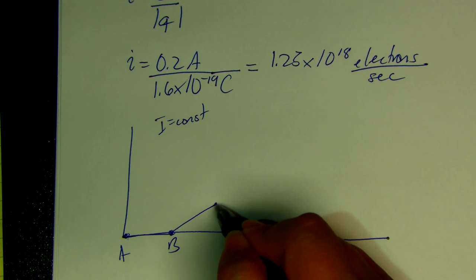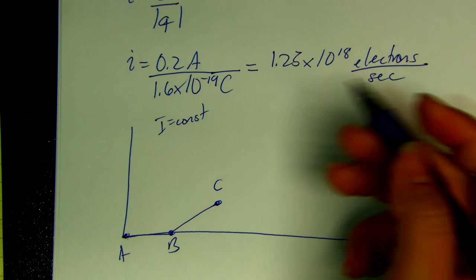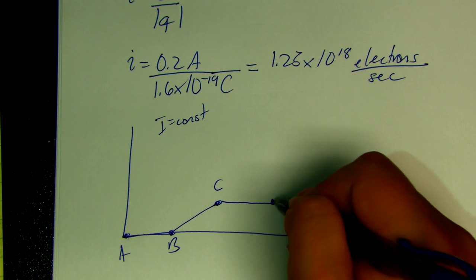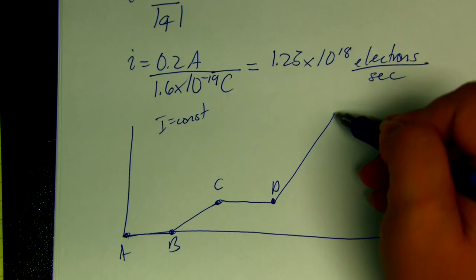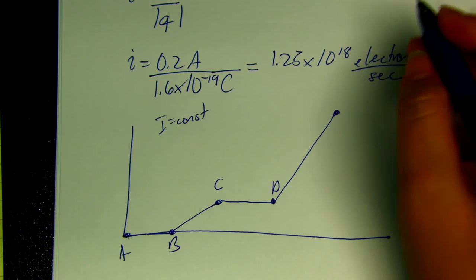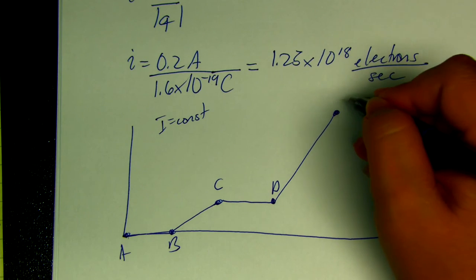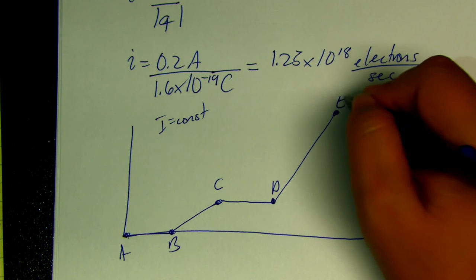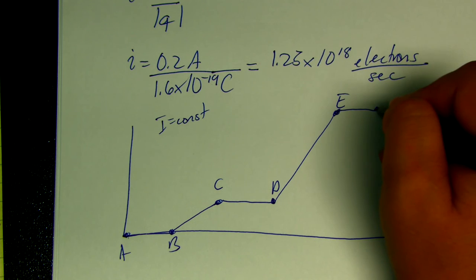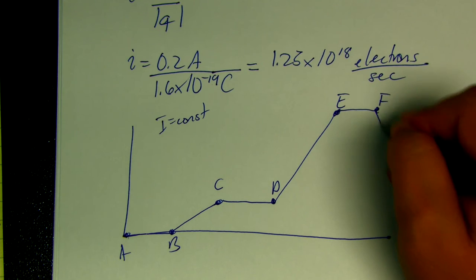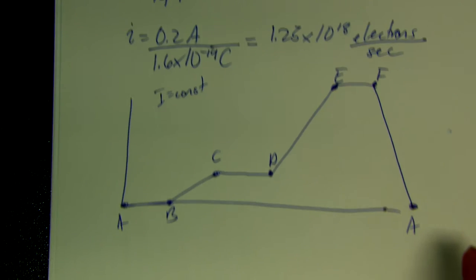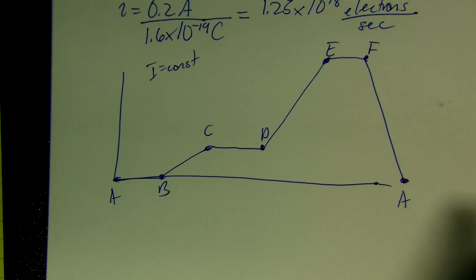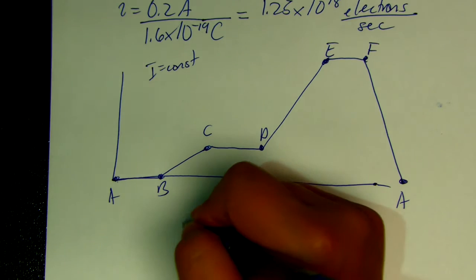Then you go over the resistor from B to C, and then you've got more straight wire till you get to D, and then you have a big resistor to E, and then more straight wire to F, and then it drops back down by the battery when you get back to A. So that would be the potential.